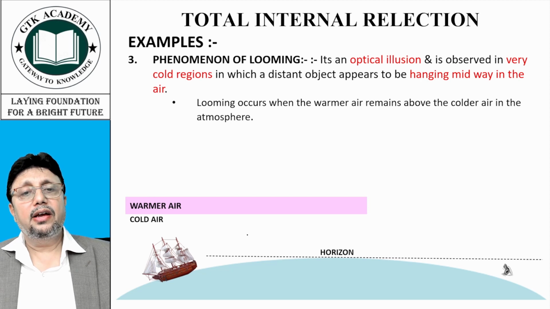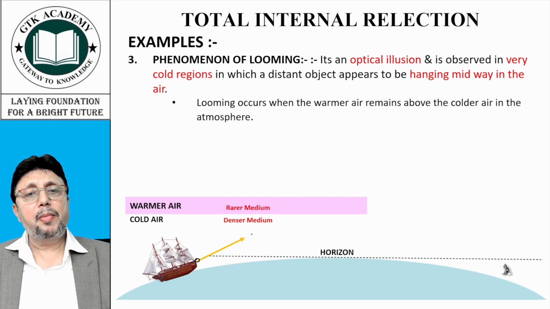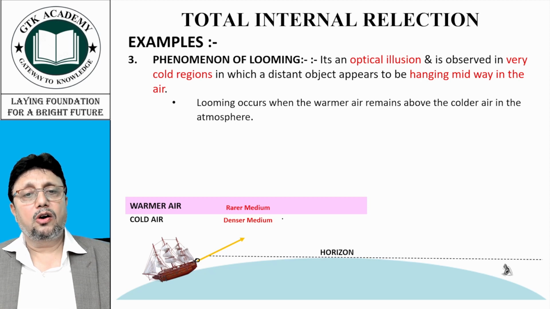So this is a rarer medium and this is a denser medium. Any light ray, say, for example, comes out of this point. There will be many layers, as I told you. I have only shown one layer for the sake of demonstration. There will be many, many layers.